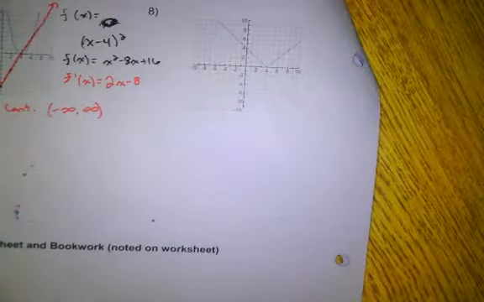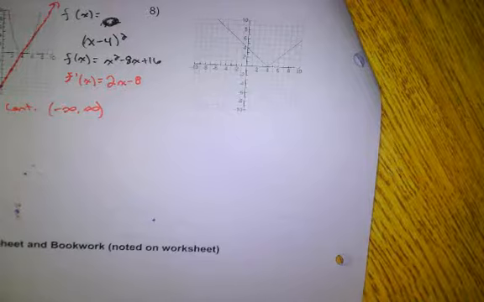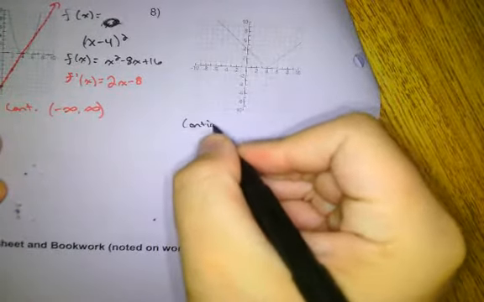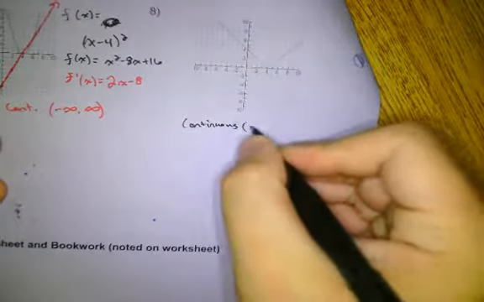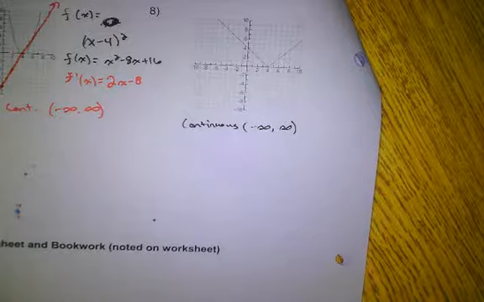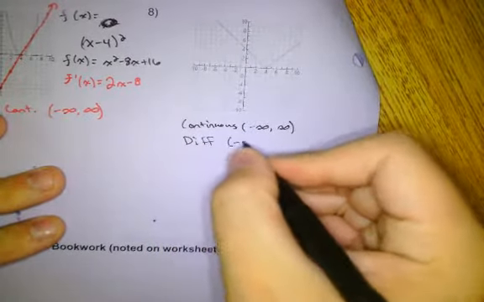Okay, number 8. Is this one differentiable and continuous? Well, let's go with this. Is it continuous? Yes, it's continuous from what to what? Infinity to infinity. What about differentiable? Where does it stop at?